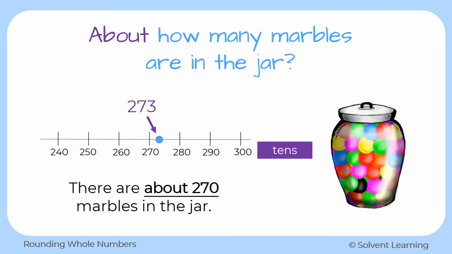So we could also say there are about 270 marbles in the jar. So our estimate of the number of marbles in the jar will depend on what place value we want to round to, whether we round to the hundreds or to the tens place.